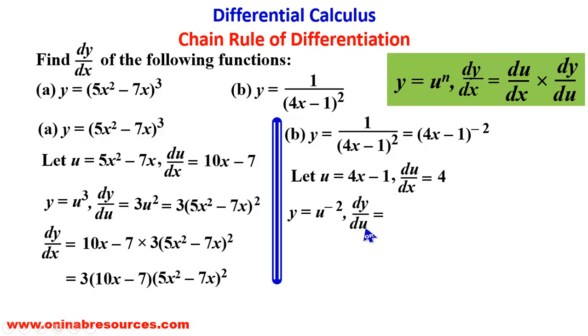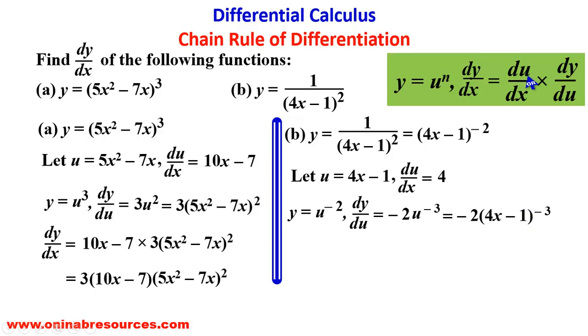So that for dy/du, we are going to differentiate y with respect to u. We're going to have negative 2, then u raised to power minus 2 minus 1 is going to give us minus 3. We bring back the substitution for u, which is going to give us minus 2, open bracket, 4x minus 1, then raised to power minus 3.